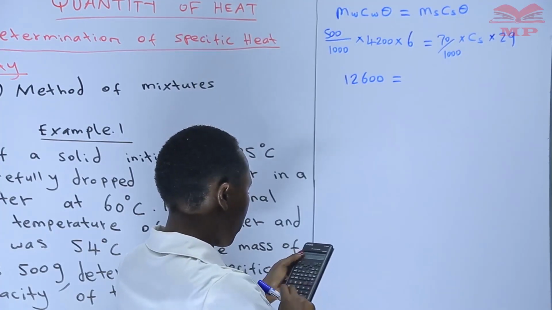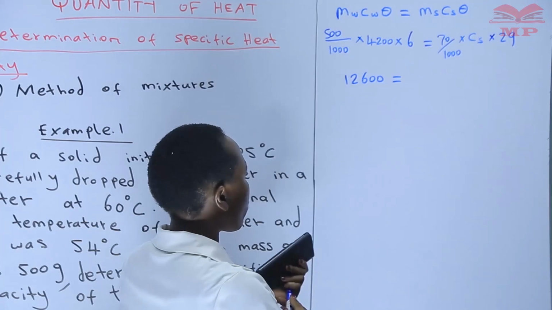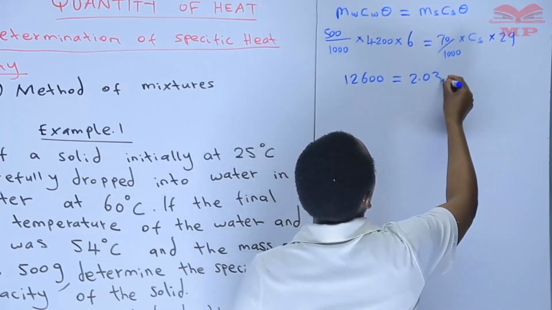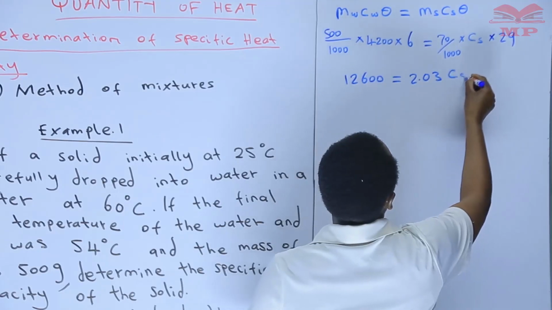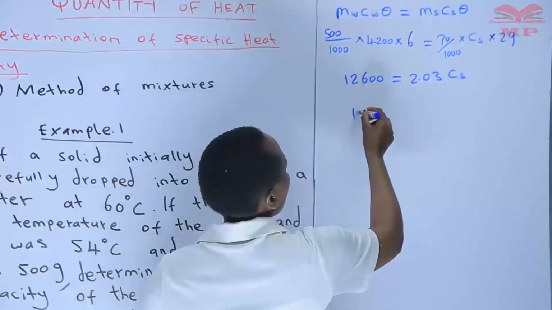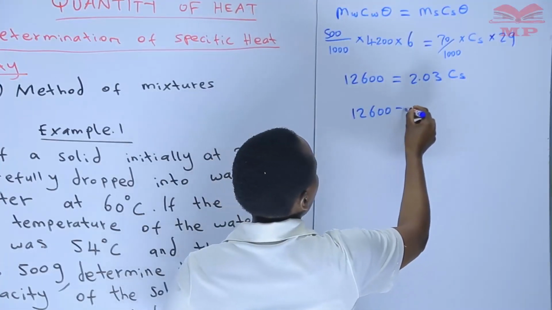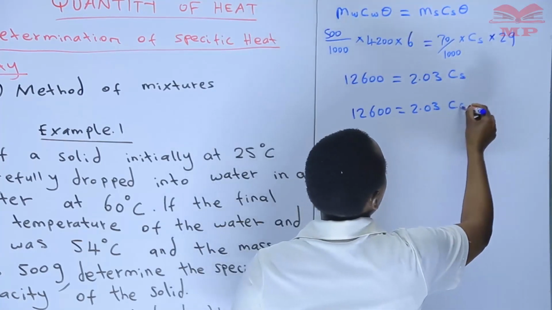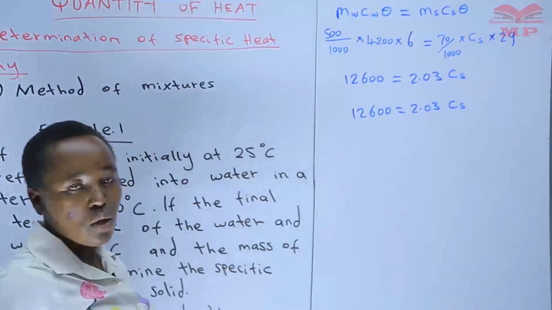We are multiplying by 29. So we get 2.03. 2.03 multiplied by the specific heat capacity of the solid. So we end up getting 12,600 is equal to 2.03 multiplied by the specific heat capacity of the solid.